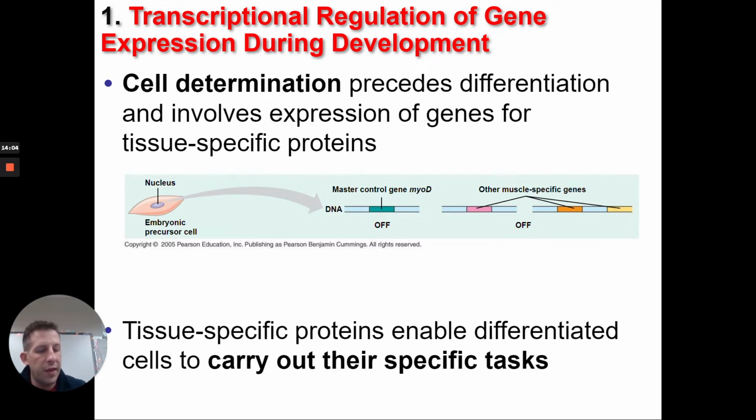And certain cells have to get jobs. Certain cells have to determine what they want to do. So cell determination precedes differentiation, and it involves the expression of genes for certain proteins. And then these proteins will enable differentiated cells to carry out specific tasks.